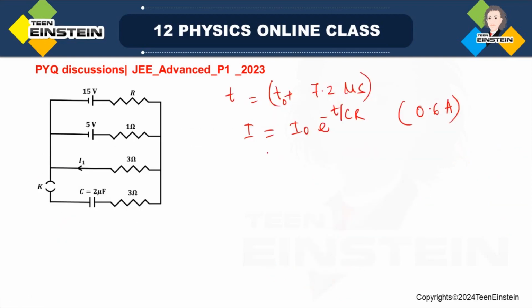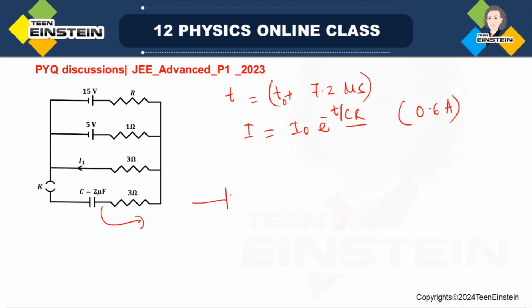So we know this expression, I is equal to I0 e to the power minus t by CR at any time t, where CR is the time constant, that means it has unit of time. So let us see what this CR is. We will get an equivalent circuit at any time when the key is closed.